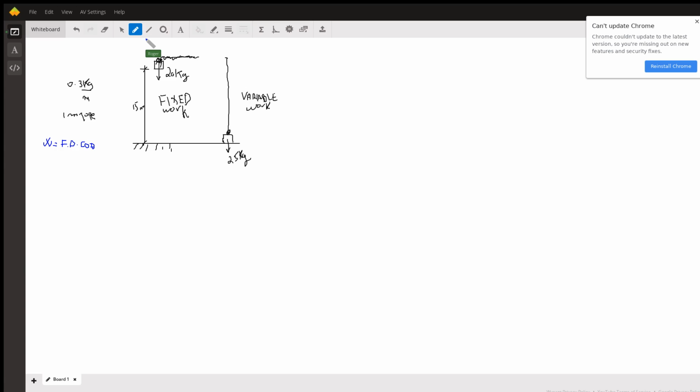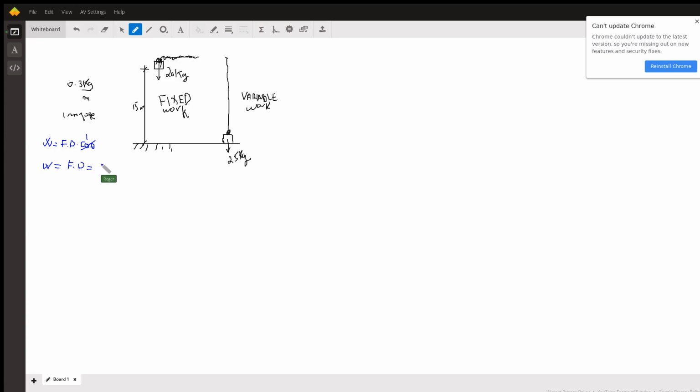But since theta here is 0, then cosine 0 is 1. Theta is 0 because it's 0 from the y-axis. So the work is equal to the force times distance.